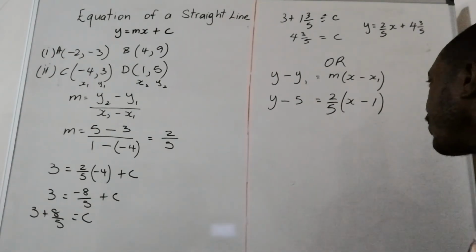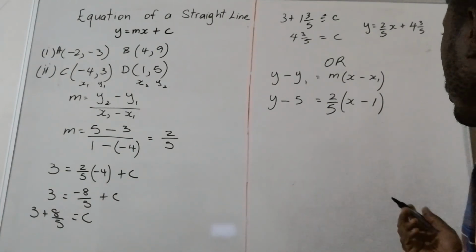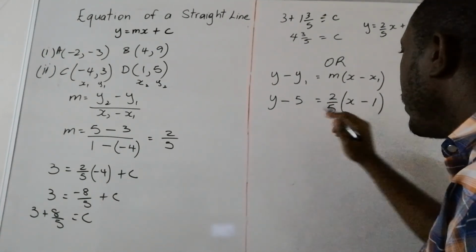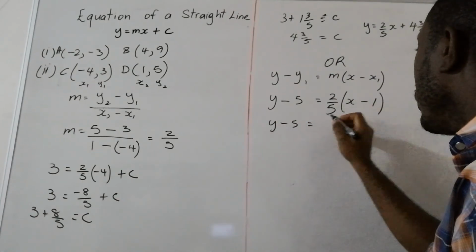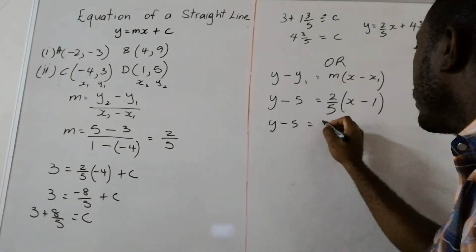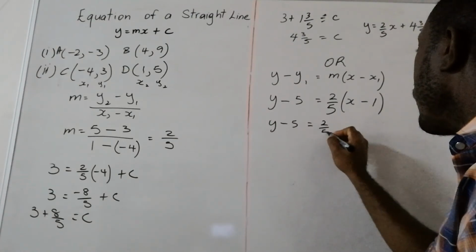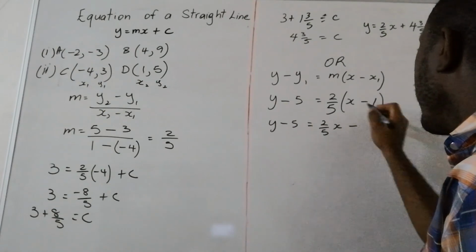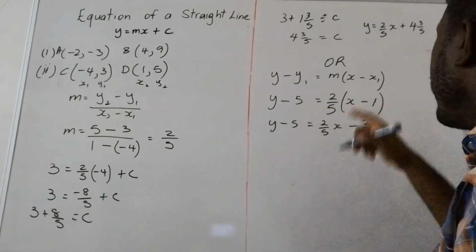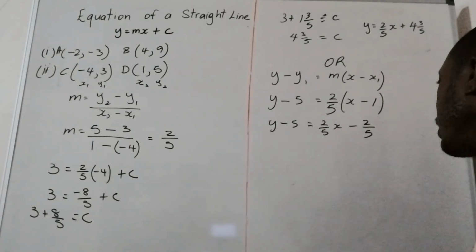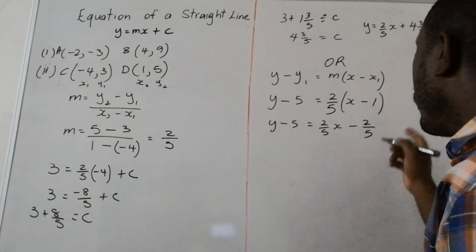Alright? So now what we will do is simplify. So y minus 5 is equal to 2/5 times x, which will give us 2 over 5x, take 2 over 5. 2 over 5 times 1 will be negative 2 over 5.